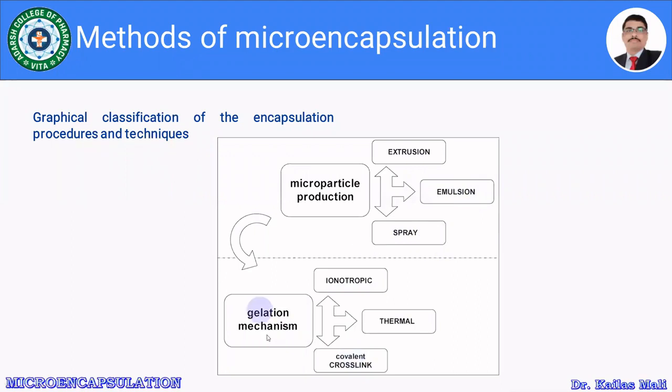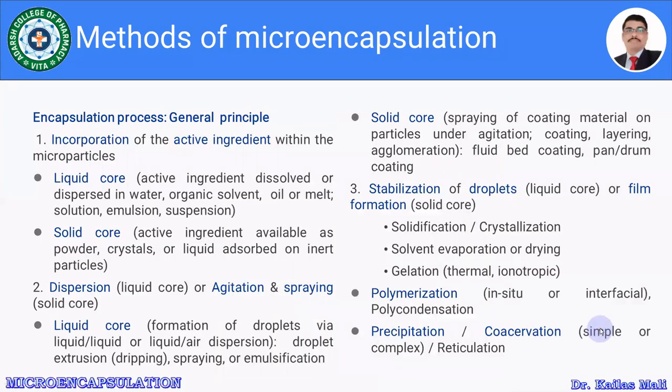And the gelation mechanism that is used is the ionotropic gelation mechanism, or it may be thermal or by covalent crosslinks. Let us move towards the general principle which is related with the encapsulation process.